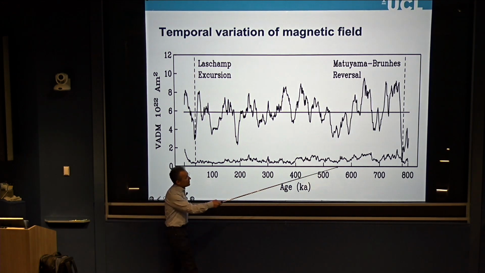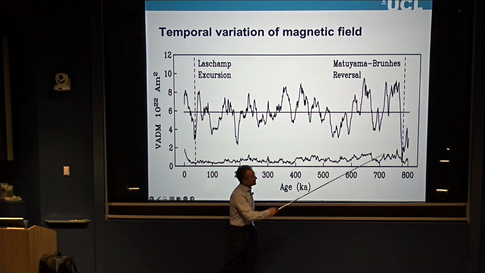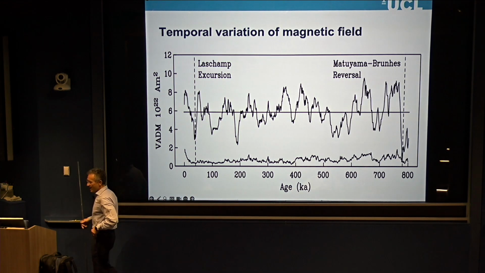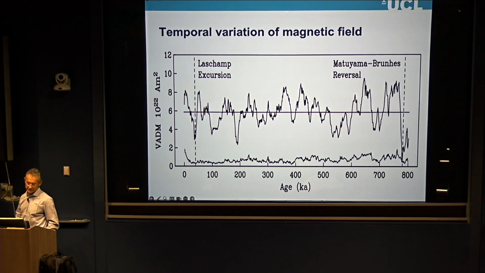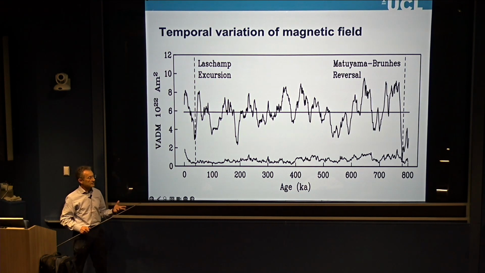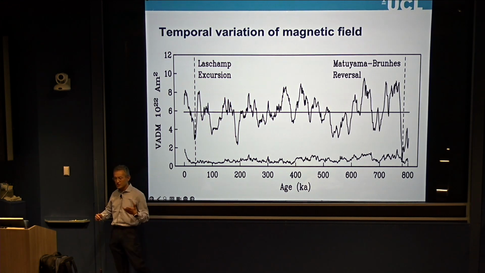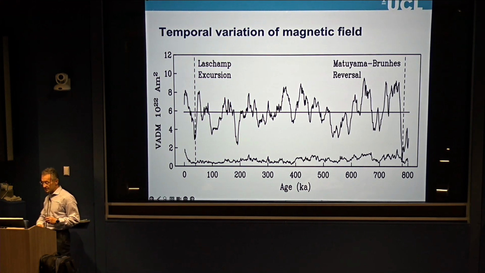So when you have this low field region, you have very low protection of the atmosphere. And in fact, it is debated in the literature that these inversions may be correlated with mass extinctions due to change in the oxygen content in the atmosphere.